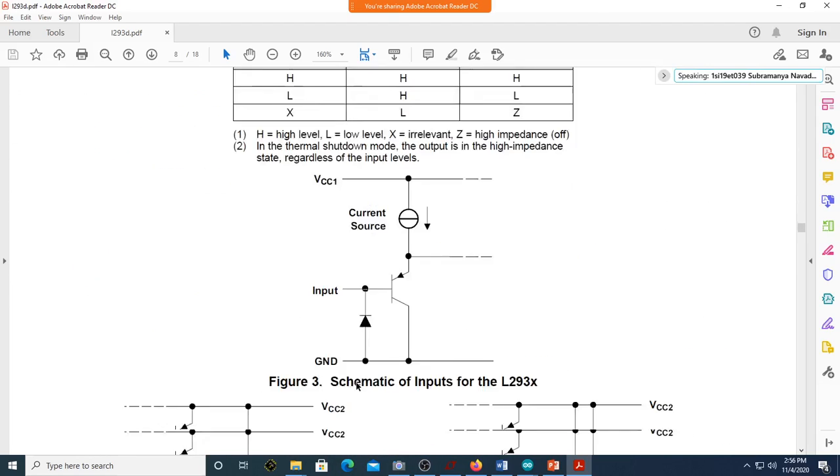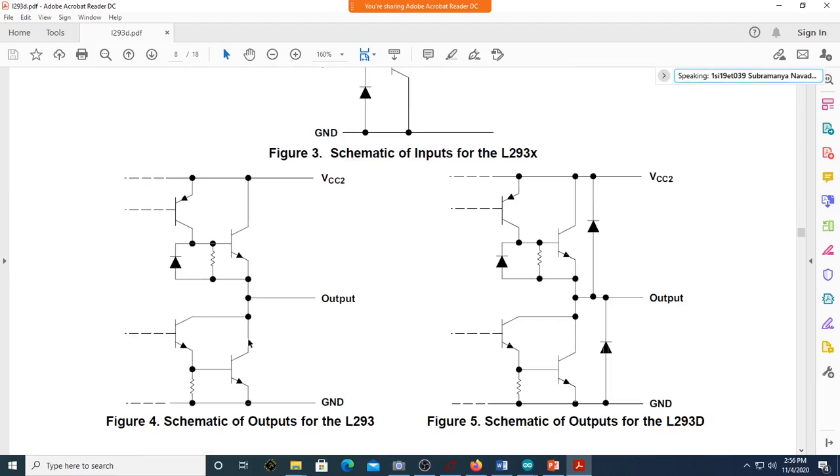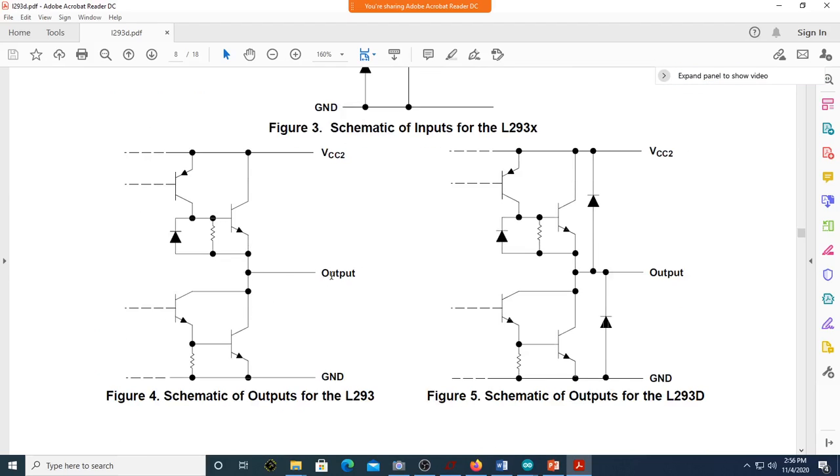Maybe let me go to the circuit and then try to understand. This is going to help you. Can you see here? This is output. This is again output. Whenever I say it is high, it will source from VCC2 to this output. Can you see here the direction? The current from VCC2 will come through this transistor and goes to output.